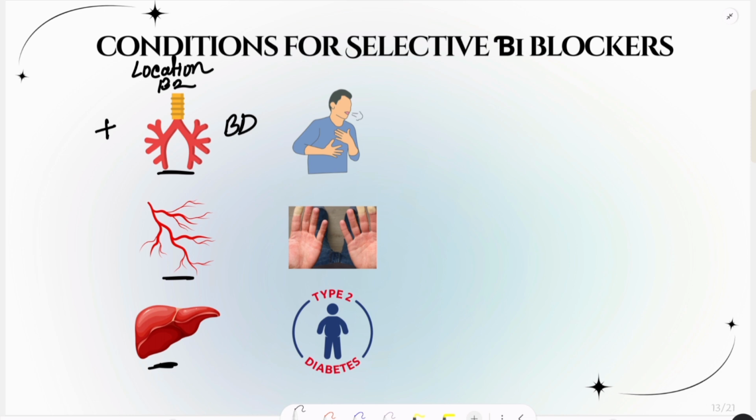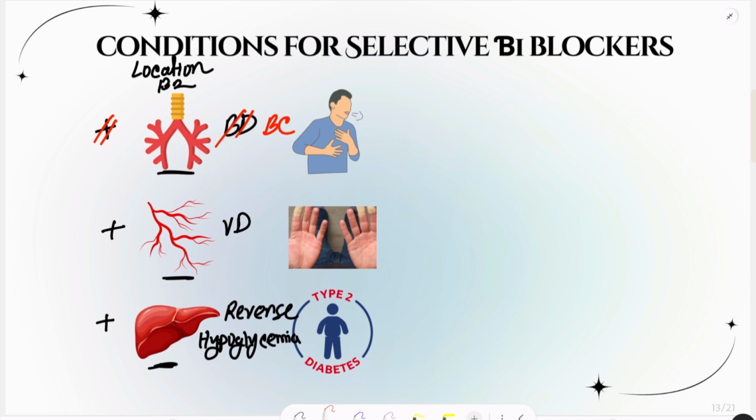And in blood vessel, if we stimulate the beta 2 receptor, that will result in vasodilation. And in liver, if we stimulate the beta 2 receptor, that will reverse the symptoms of hypoglycemia.